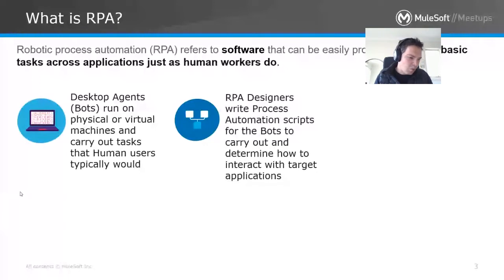Probably the latest innovation with RPA tools is things like artificial intelligence capabilities. For example, Automation Anywhere has the concept of the UI bot, which can learn and intelligently perform tasks.